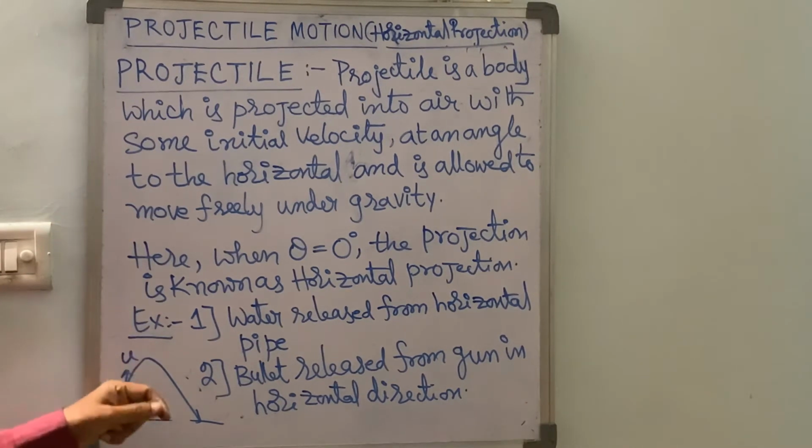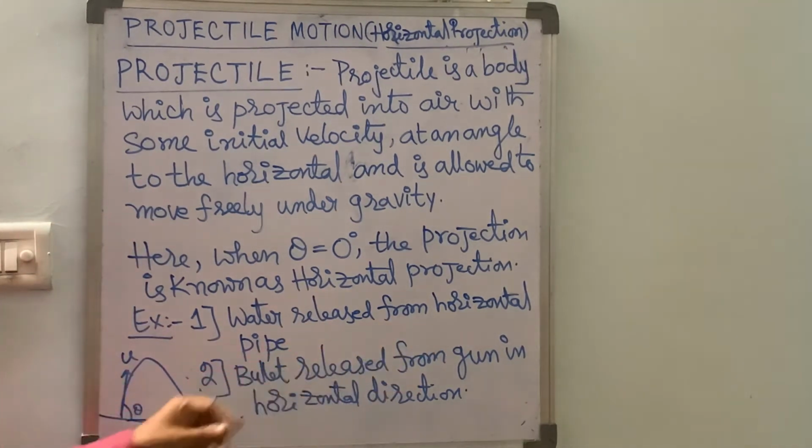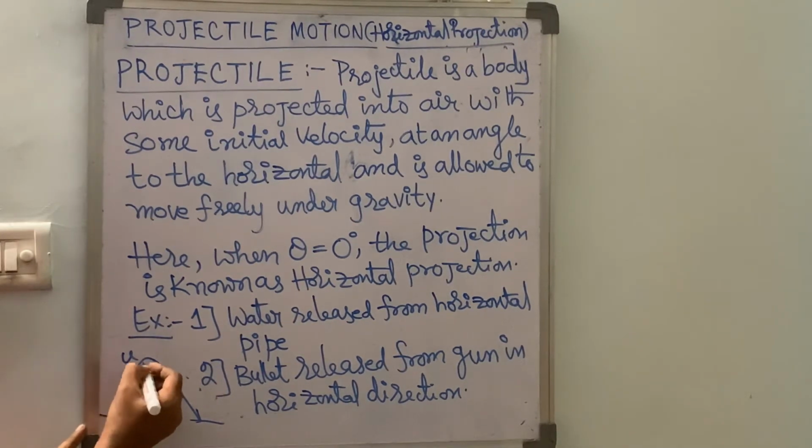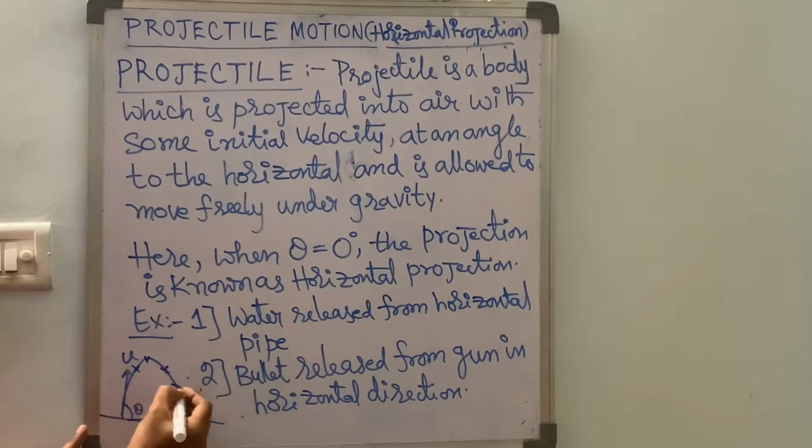Now first we discuss the horizontal projection. When we project the body in the horizontal direction, what is the horizontal distance traveled and the vertical distance traveled by the body? And we shall show that the path of the projectile always follows a parabolic path. This is the shape, a parabola.